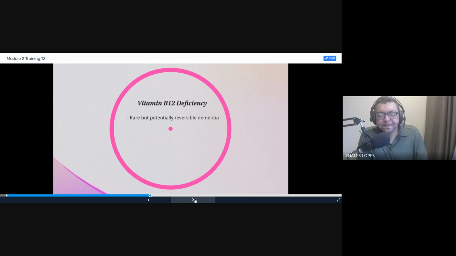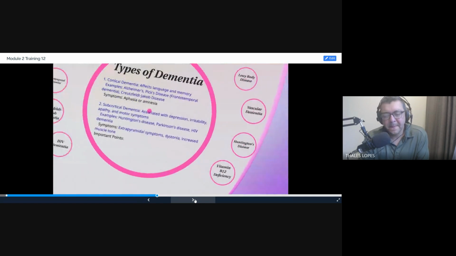That's why when I get a dementia patient, the first thing I do is check vitamin B12. It's rare, but a potentially reversible condition. So all I want you to do is remember there is a dementia called vitamin B12 deficiency, and if you get a patient that is demented, go ahead and get your B12 just in case. Okay?